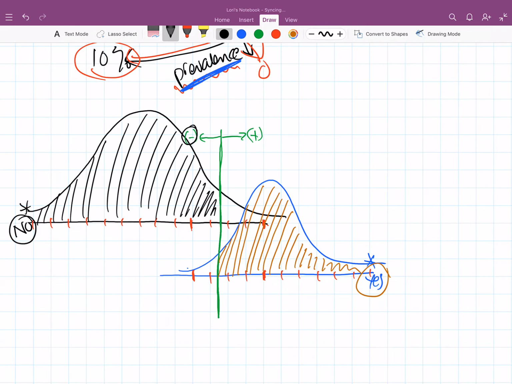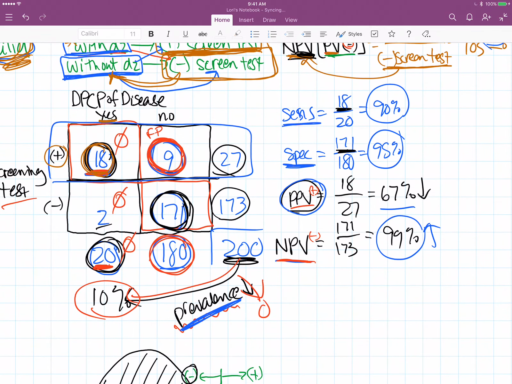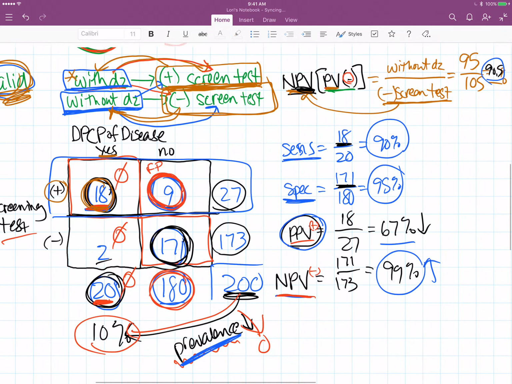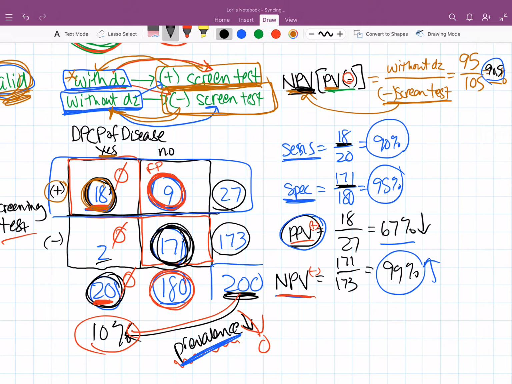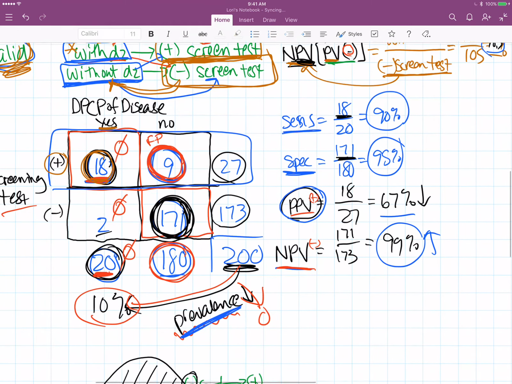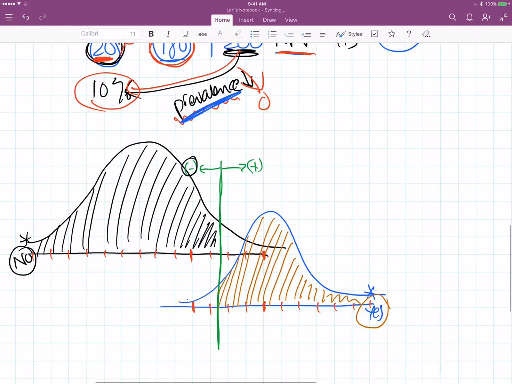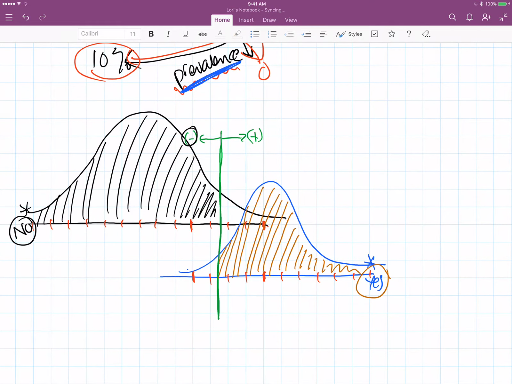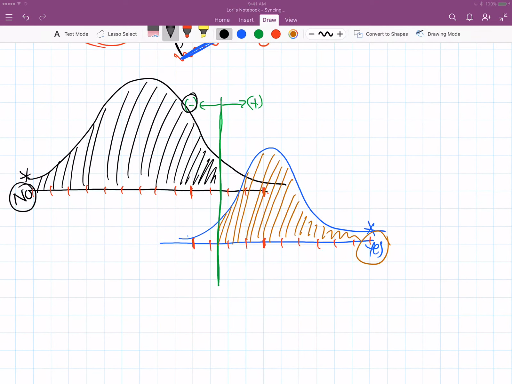So, hooray, we did the right thing. That's these people right here. We said, okay, no disease, screening test is a negative. So we were correct.